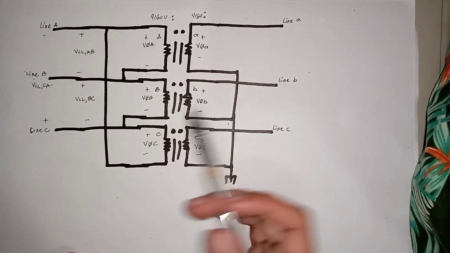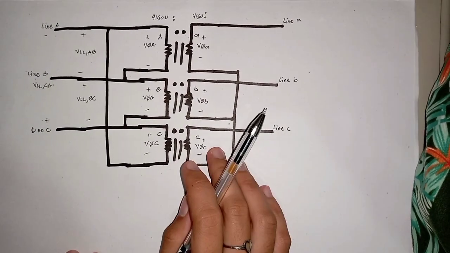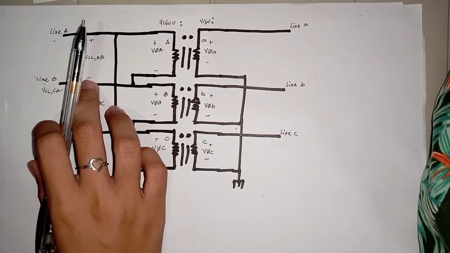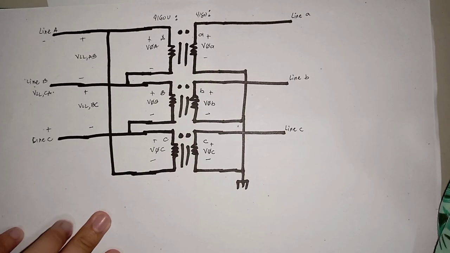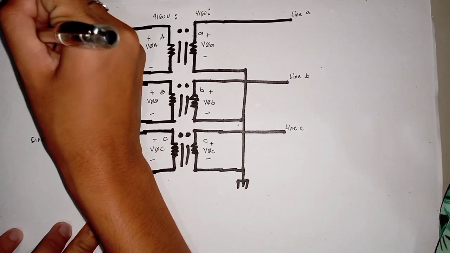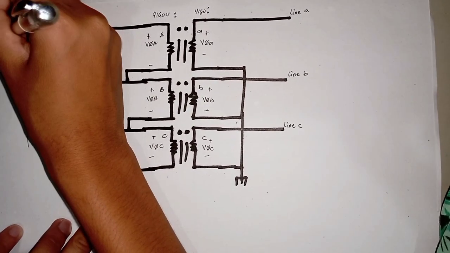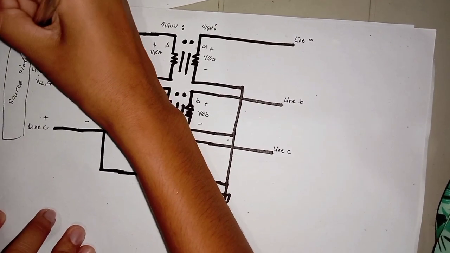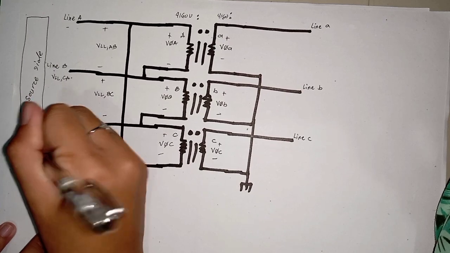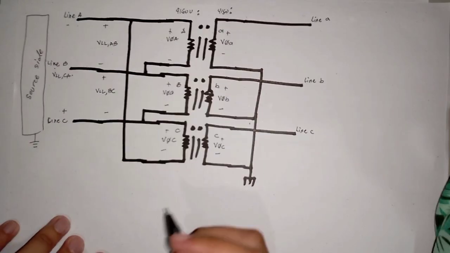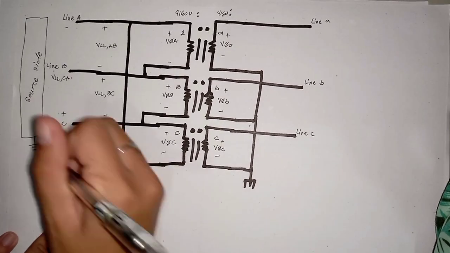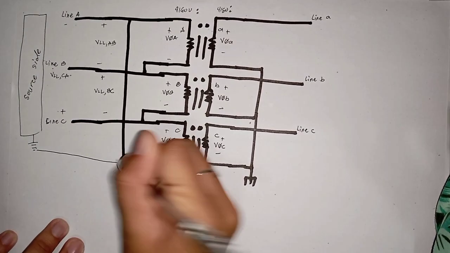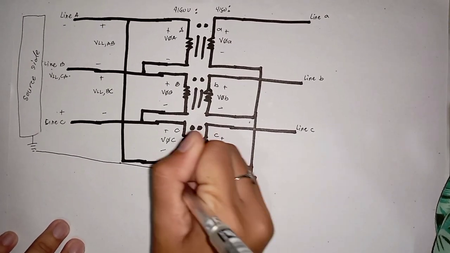Going back to our voltages, let's make a phasor analysis of the voltages. So this is our source side. It has a grounded wire. So let's connect this here to here.